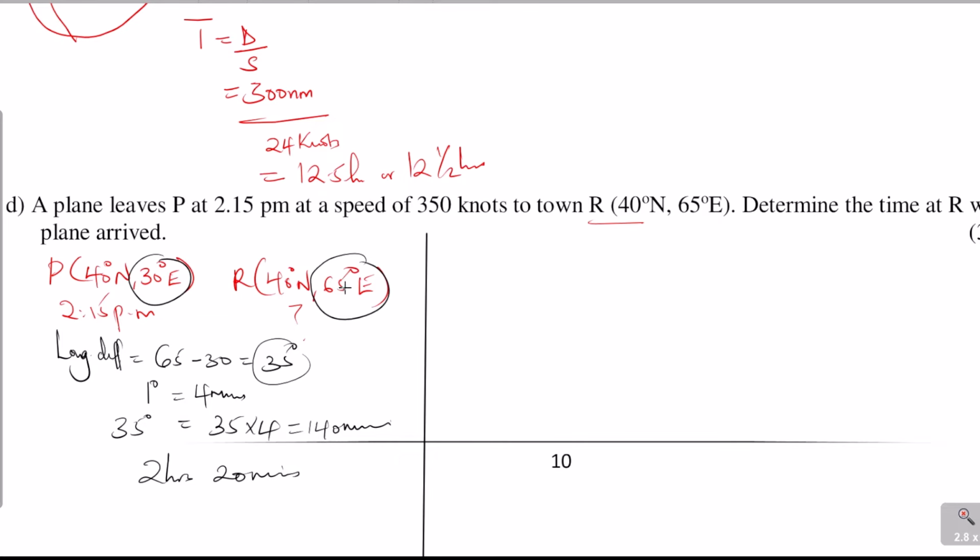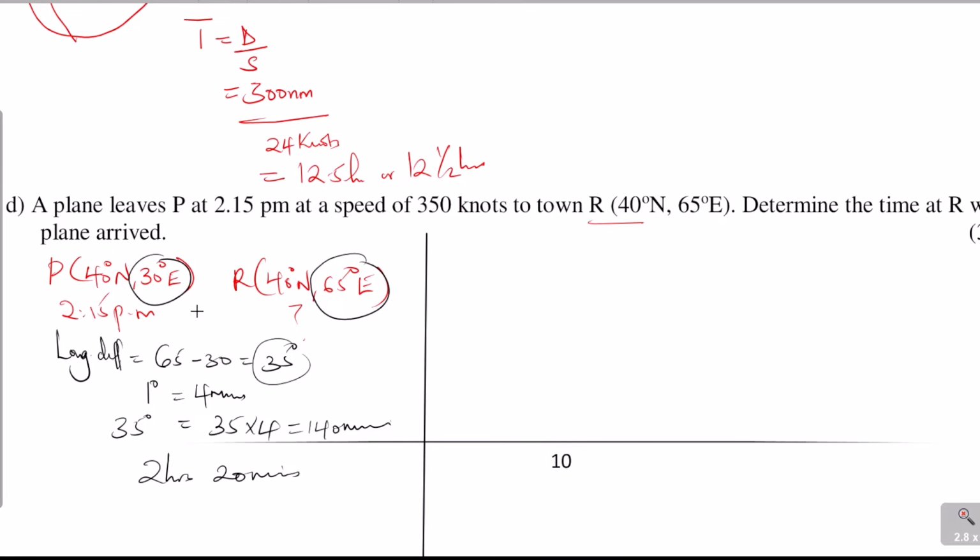So that means that R will be ahead of time. Then 30 degrees east is more to the west. When you draw and sketch these two places, P and R, you'll see which one is more to the east of the other, and definitely it is point R.